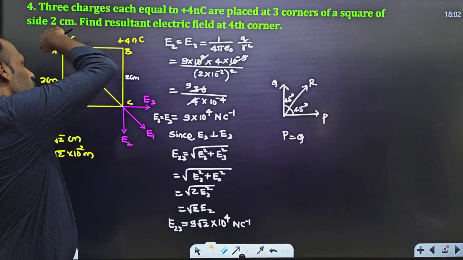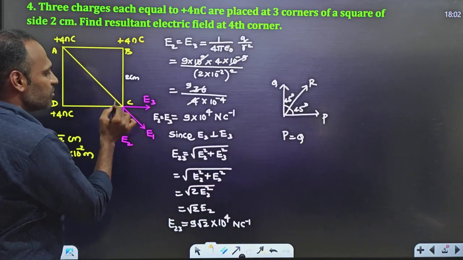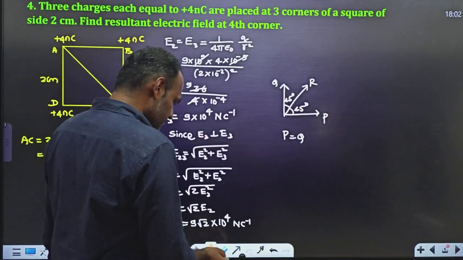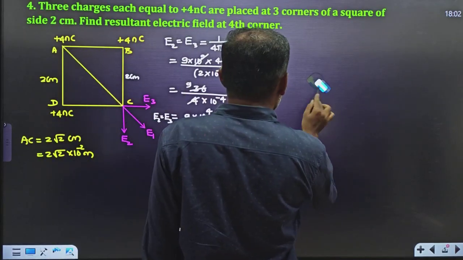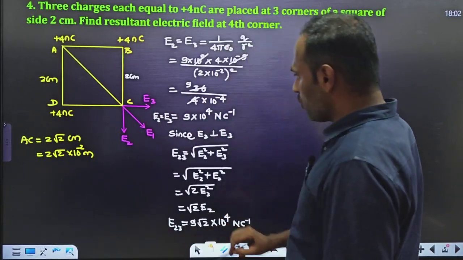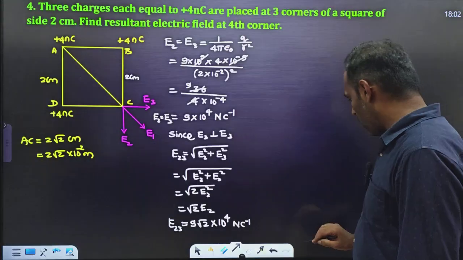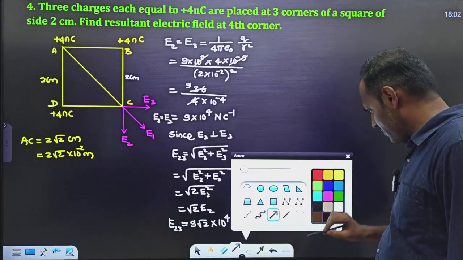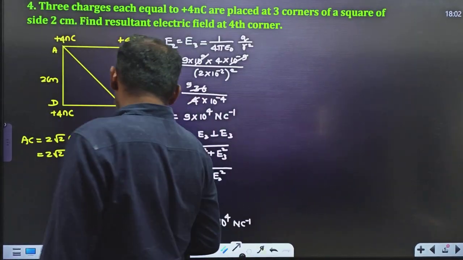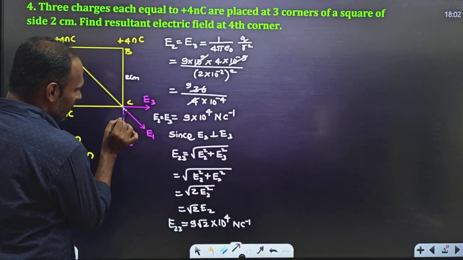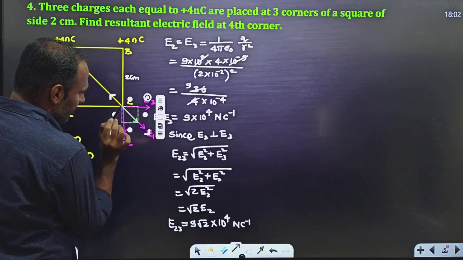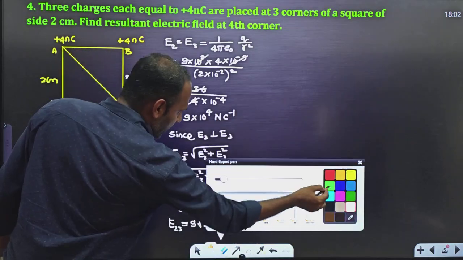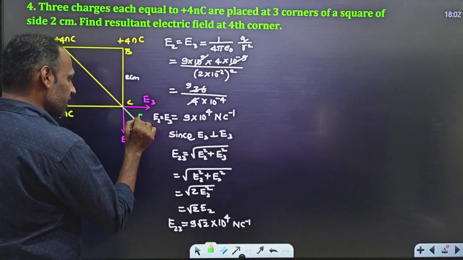Because E1 is acting along the diagonal. A diagonal will always be at 45 degree from one side and 45 degree from the other side. So E23 will also be acting along this direction, along E1 only. Let me write it: this is E23.